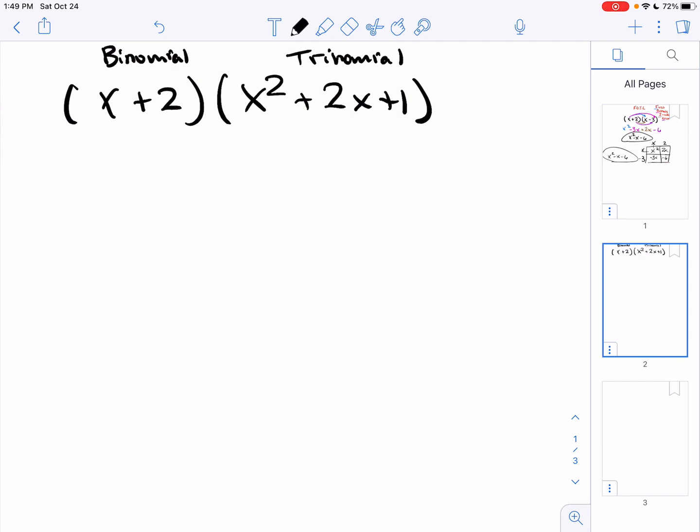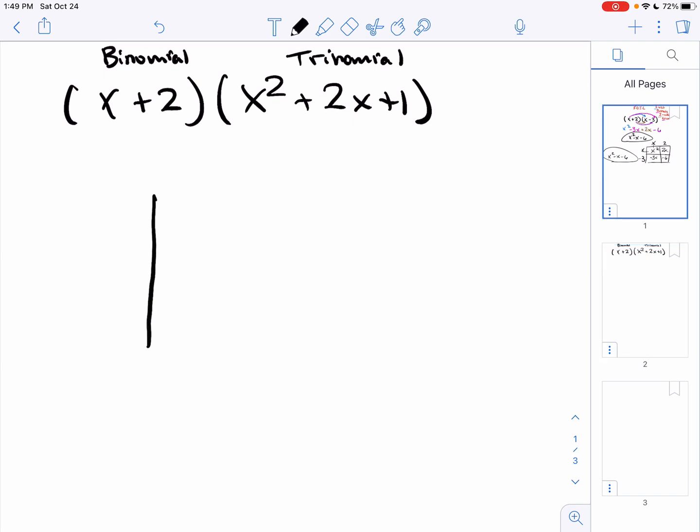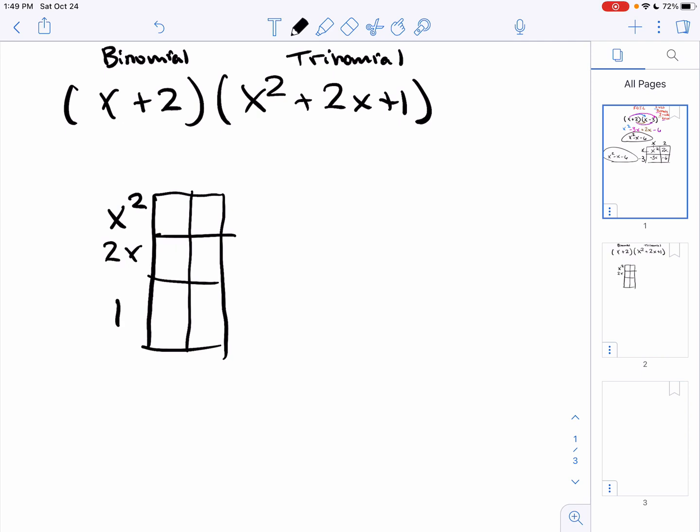So the easiest way, in my opinion, to do something like this is to use the tabular method. So we're going to make a box. Notice how this box, instead of a 2x2 box, is a 3x2 box. So we're going to write our terms in, x squared, 2x, 1, x, and 2.